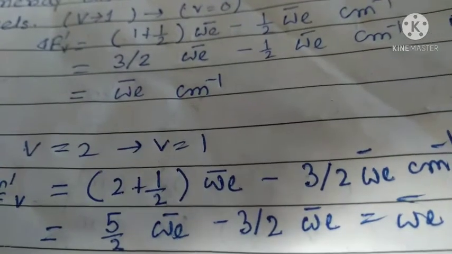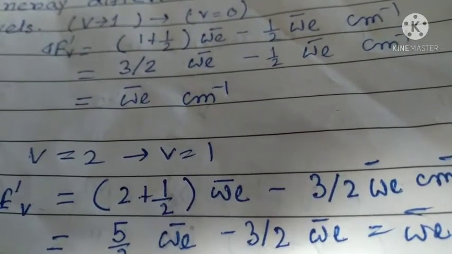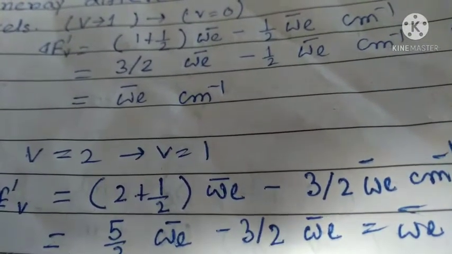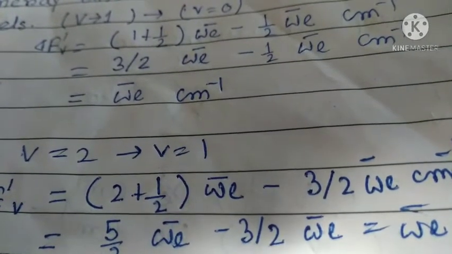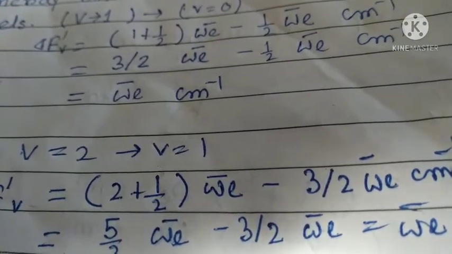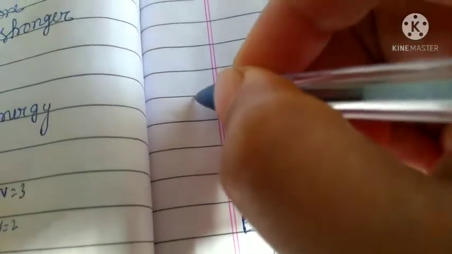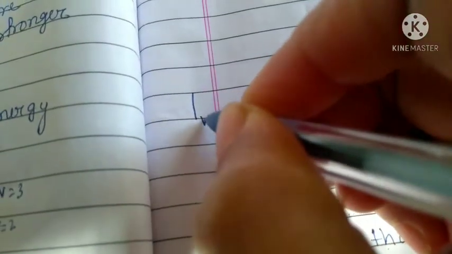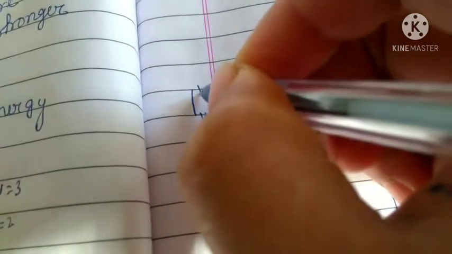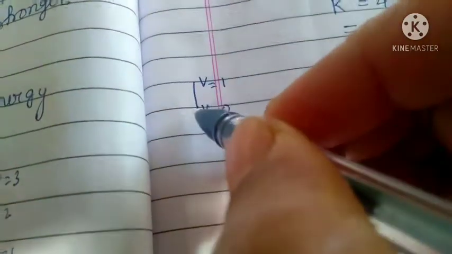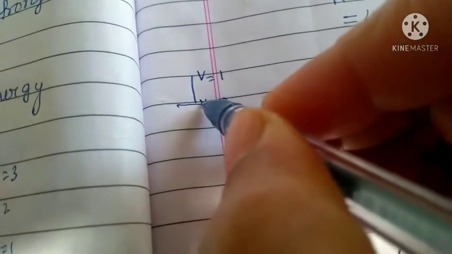So from that we can conclude that we get only one peak for a simple heteronuclear diatomic molecule like HCl, because for the transition from v equals 0 to v equals 1, it absorbs energy at that particular position.